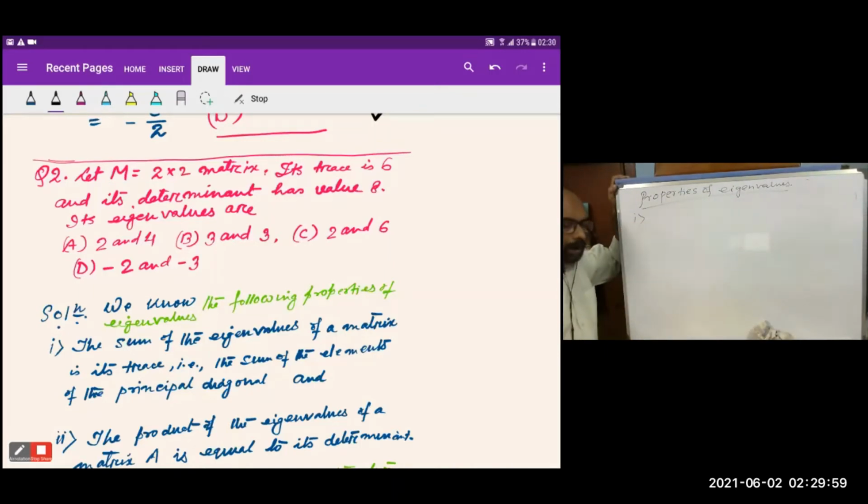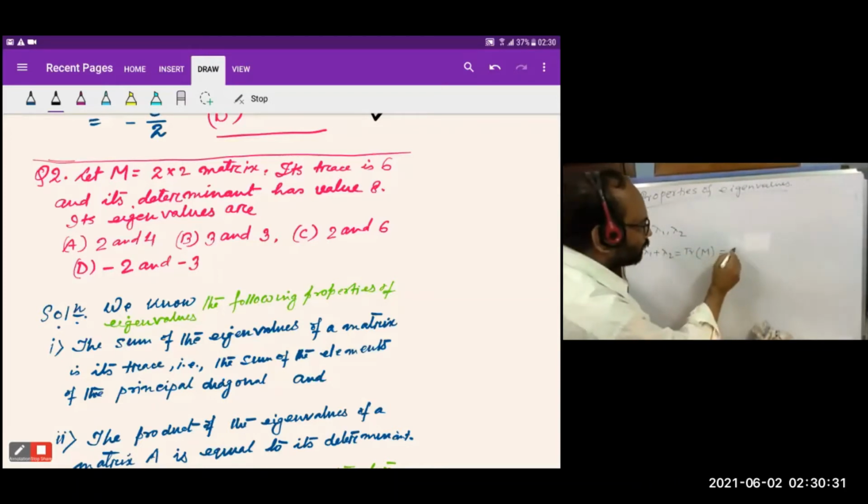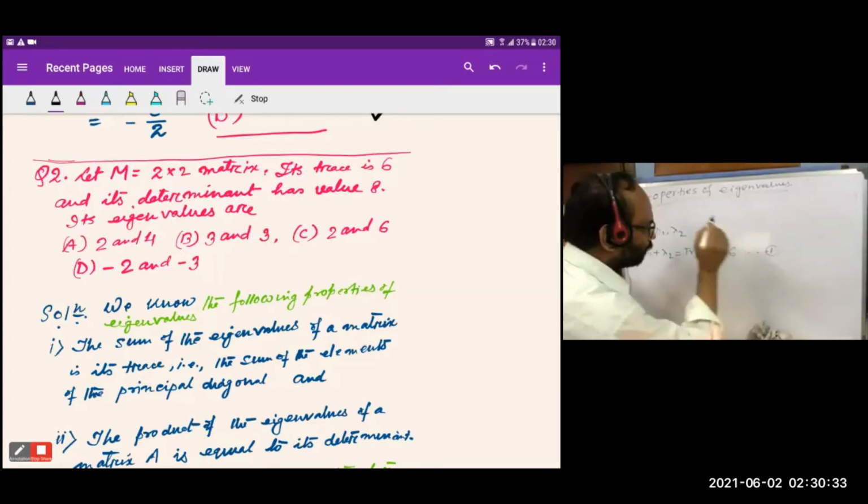Number 1, the sum of the eigenvalues of a matrix is its trace. So if lambda 1 and lambda 2 are the eigenvalues of this 2 by 2 square matrix, then lambda 1 plus lambda 2 is equal to trace of M. What is the trace? 6. This is number 1.